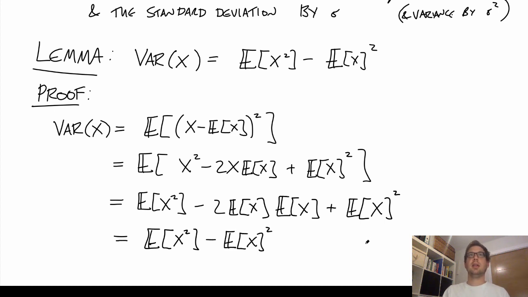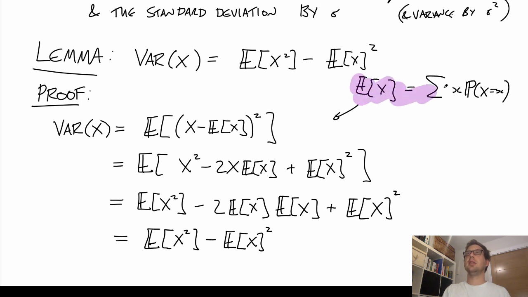If that was a little bit quick at some points in the middle, maybe try to do it with the sums, using the definition of the sum over x of x times p of x in place of E of x. Just double check that you agree with me in this calculation. You can try to do it explicitly using sums, or with the expectation still here.